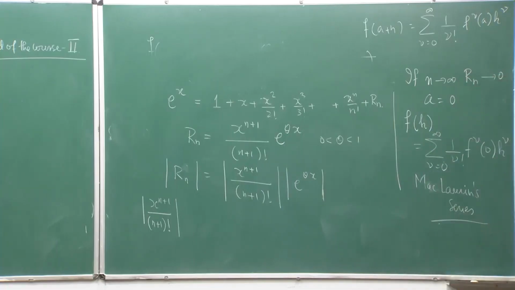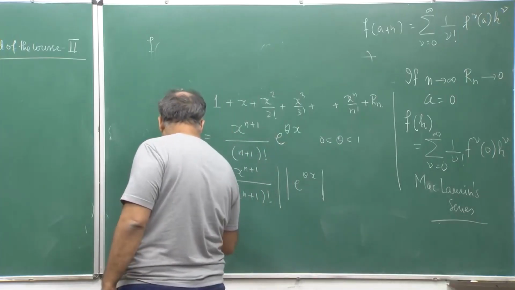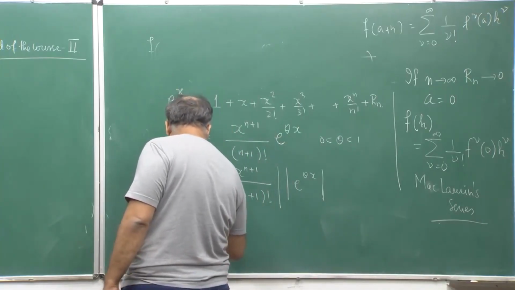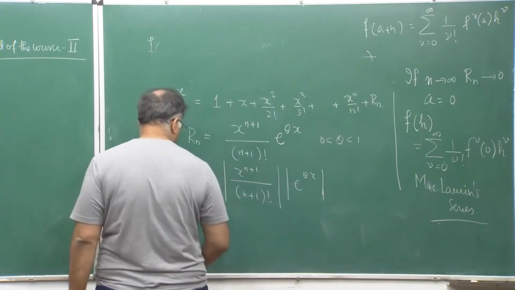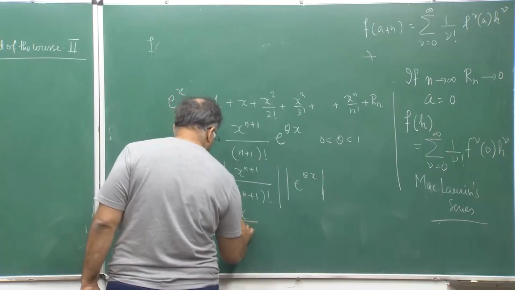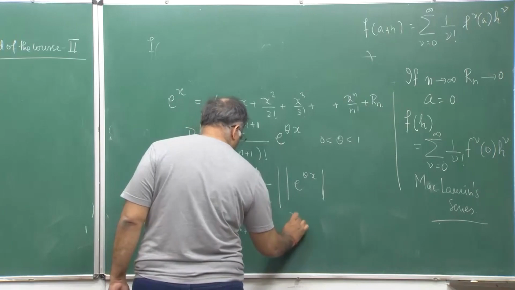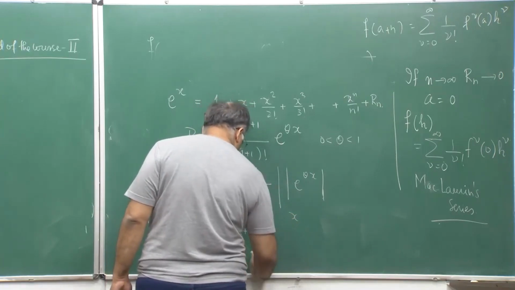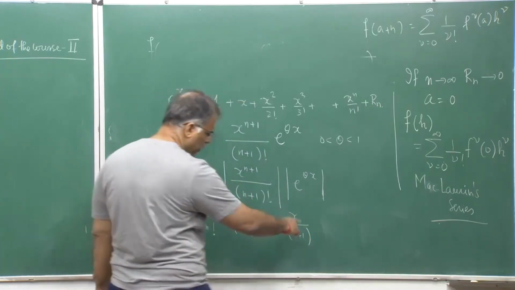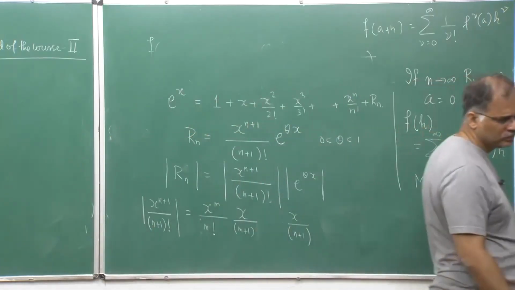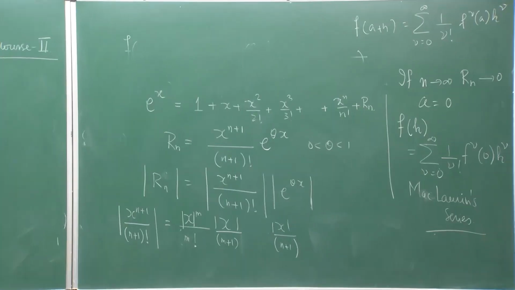Let us see what this is. I can write it as x^m by m factorial, times x by m plus 1, up to x by n plus 1, that is, x^m by m factorial, with the remaining factors written out with powers and then separated.